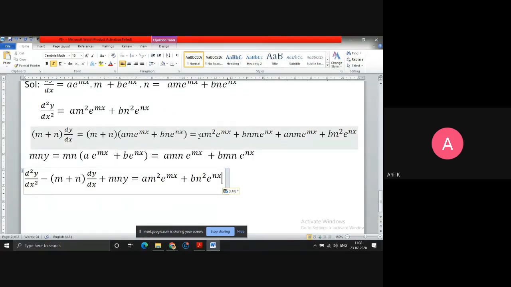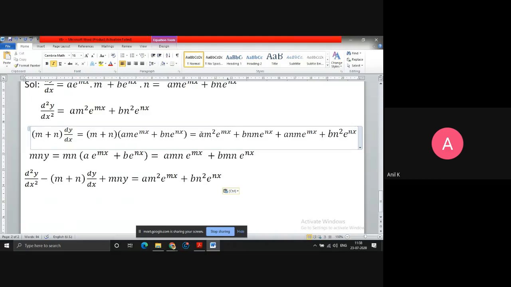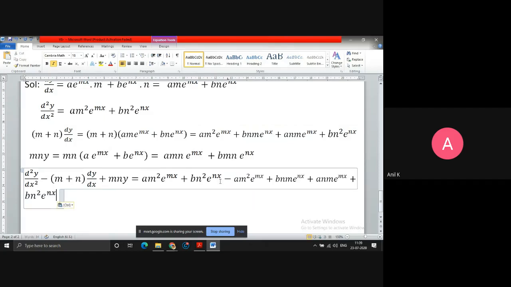Here I have minus m plus n into dy by dx. So that means each and every term will be changed to minus sign. So this also will become minus, and this also will become minus.